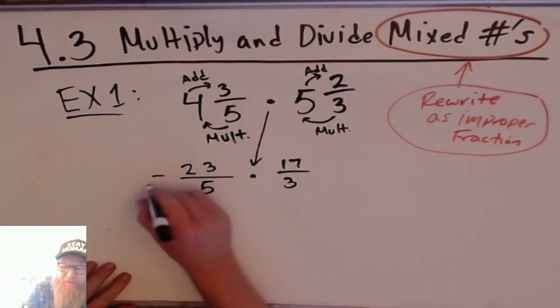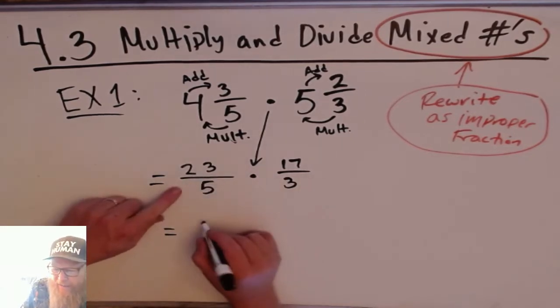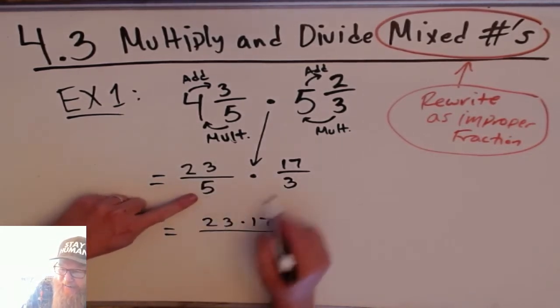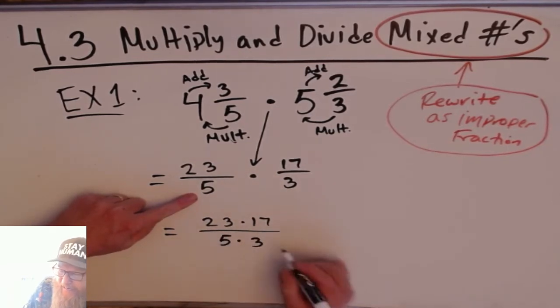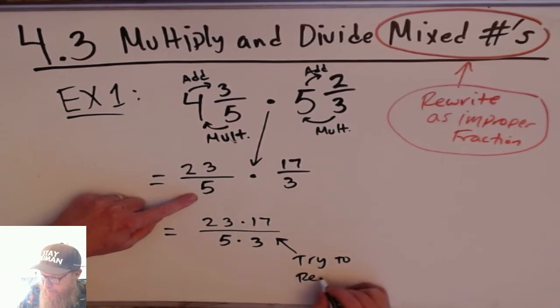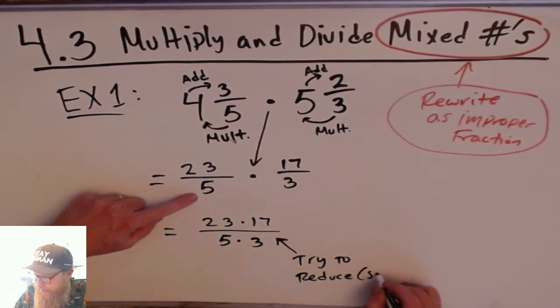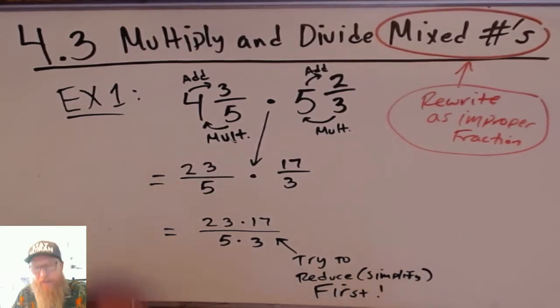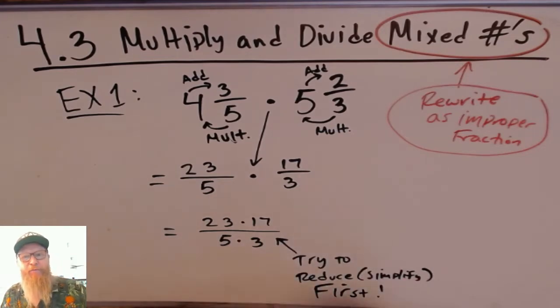Now do yourself a favor, write them out as 23 times 17 and then 5 times 3, and try to reduce, also known as simplify, first. All right, before you do any multiplying, try to simplify.